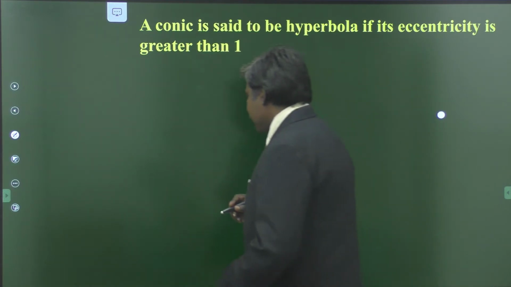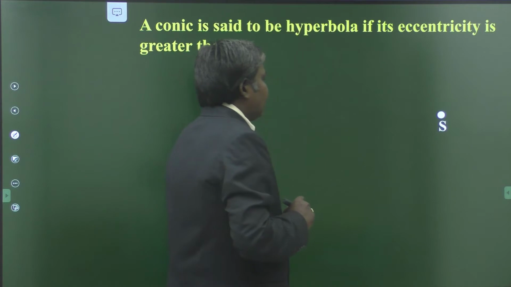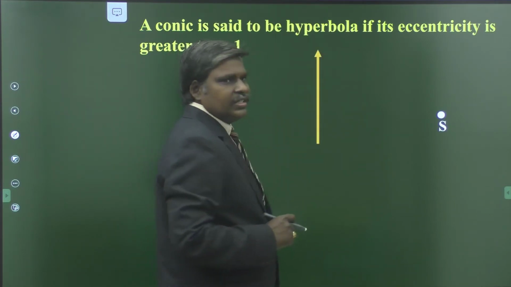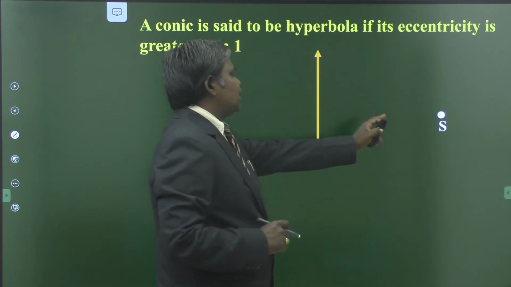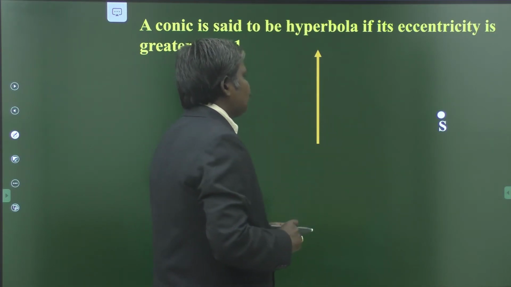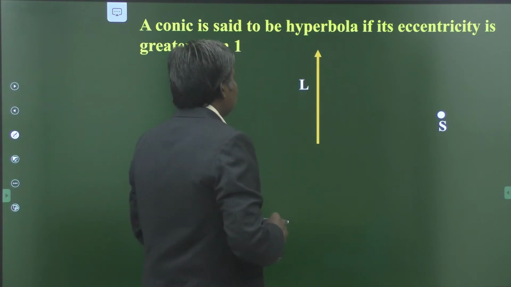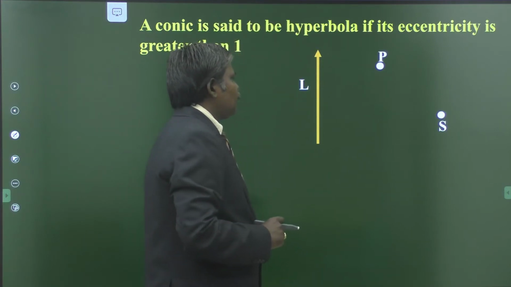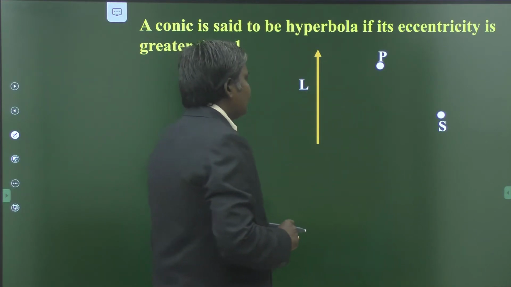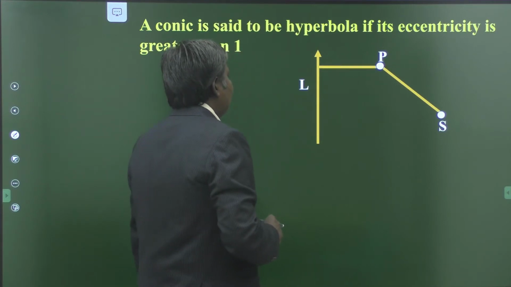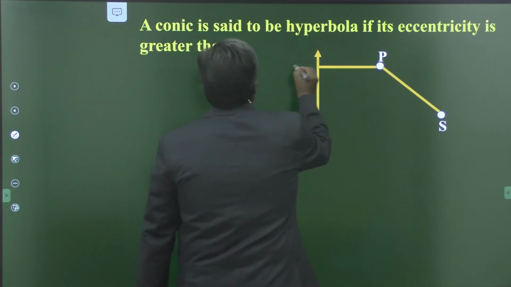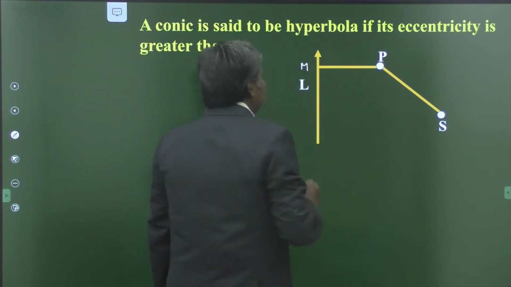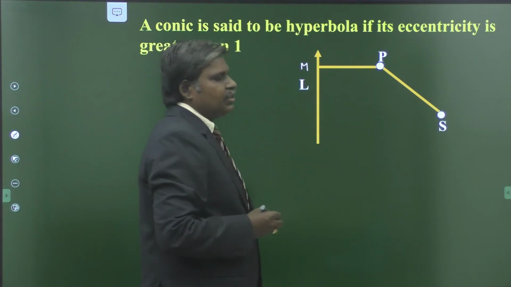So this is the fixed point S, that is the focus. It is the fixed line, that is the directrix, in the same plane as the focus S, not passing through S. This is L, say. Now this is the point P which moves in the plane, so that the distance SP and this perpendicular distance PM, the ratio is always more than 1.